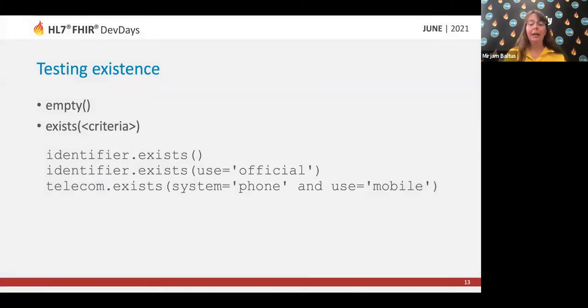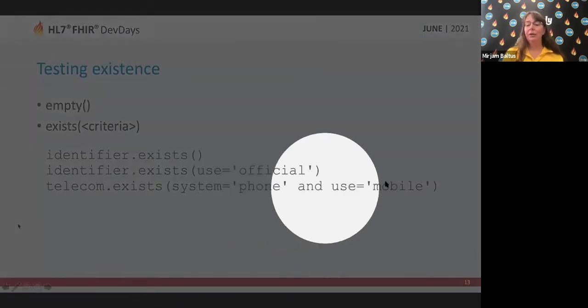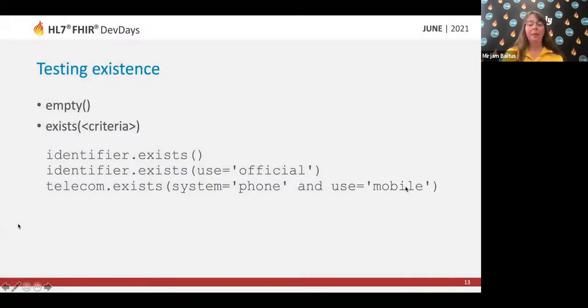And of course, you can also do things with Boolean operators, where you can see an example here. We want to check whether the telecom field exists, where the system is set to phone and the use is set to mobile. So that means that this would result in a telecom object that is about a mobile phone. So you can then use that value, or perhaps put that value in a specific database table field that you have for mobile phones.